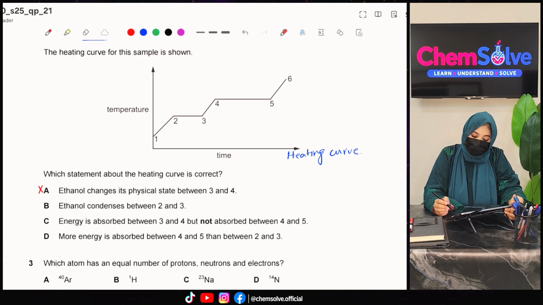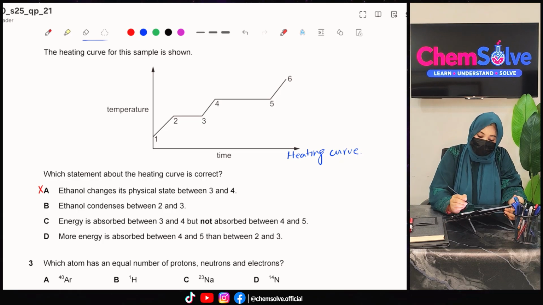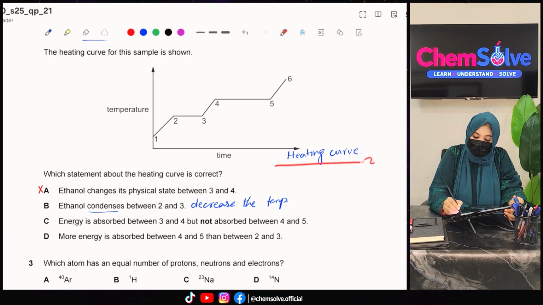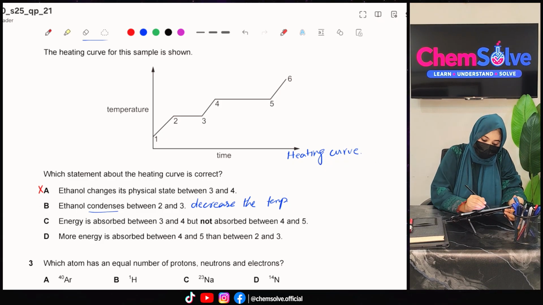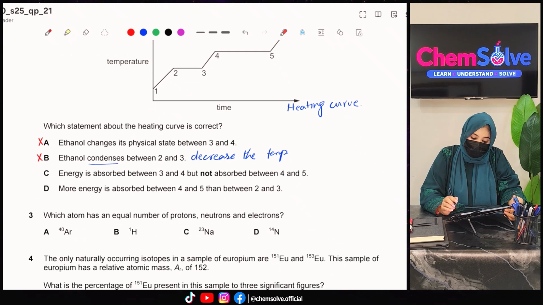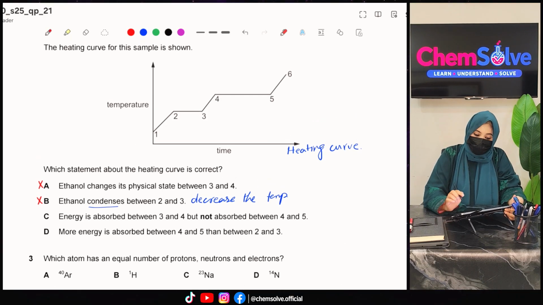Ethanol condenses between 2 and 3. Condensation occurs when we decrease the temperature. But this is the heating curve and we are increasing the temperature. So of course this statement is also incorrect. Energy is absorbed between 3 and 4 but not absorbed between 4 and 5.